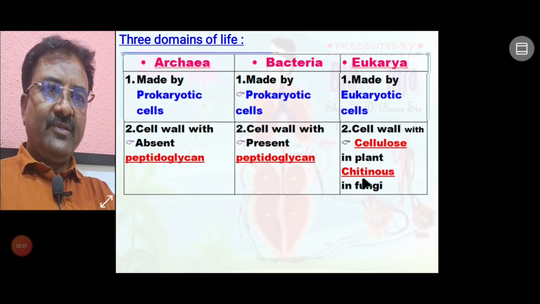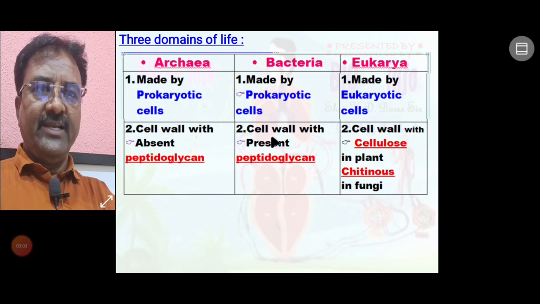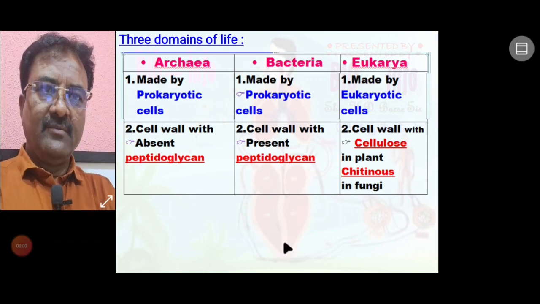So the cell wall has cellulose in plants and chitin in fungi. This is also a differentiation between the cell wall of plants and that of fungi, and this type of chemical is not present in the cell wall of bacteria or archaea.